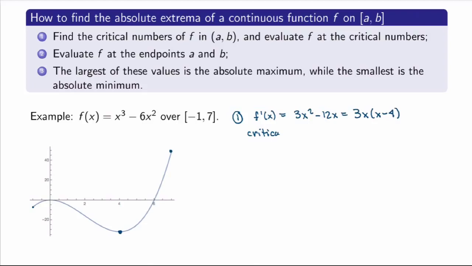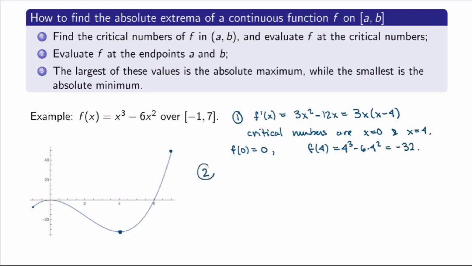So there are two critical numbers, which are at x equals 0 and x equals 4. Now I need to evaluate the function at these critical numbers. So f of 0 gives me 0. f of 4 will give me 4 cubed minus 6 times 4 squared, which should be minus 32.